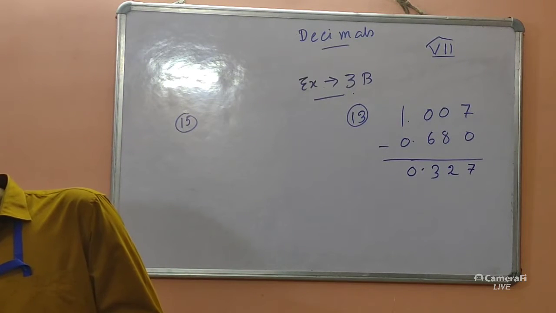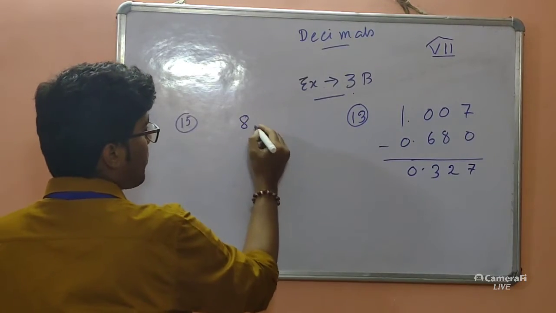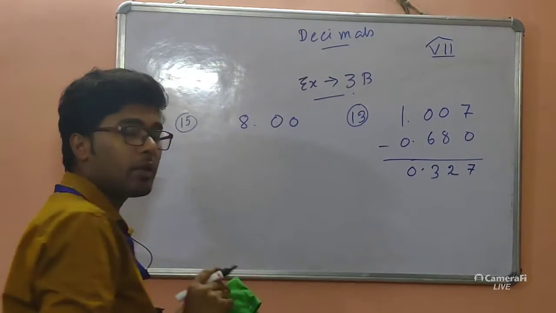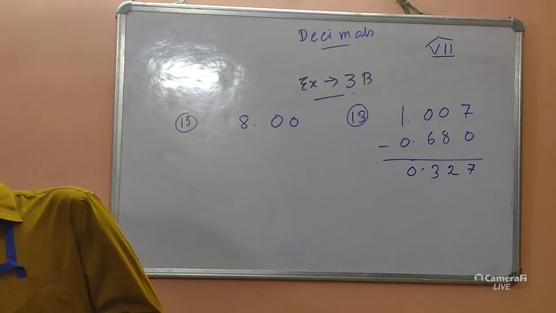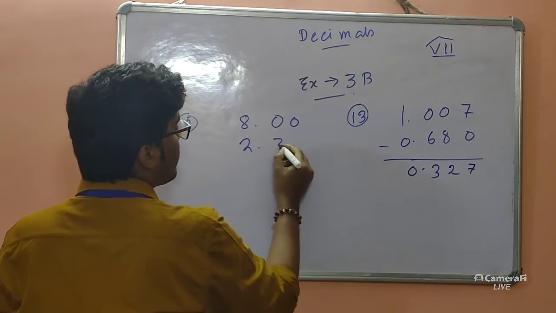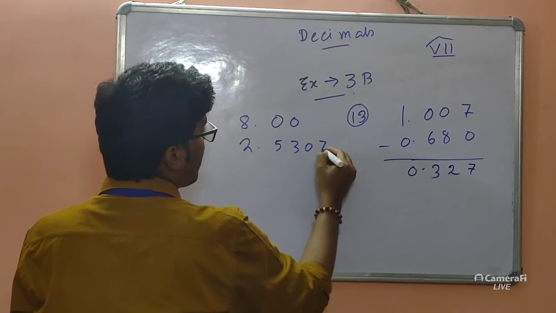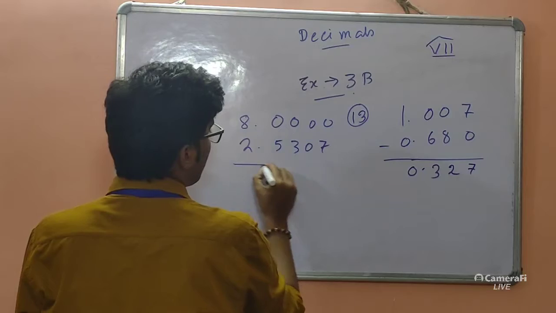Question 15 says 2.5307 from 8. So 8.00 I am giving. What do you need to subtract? 2.5307. So give double zeros.